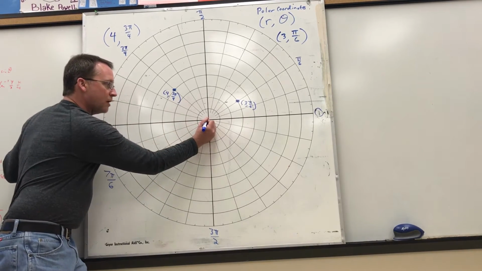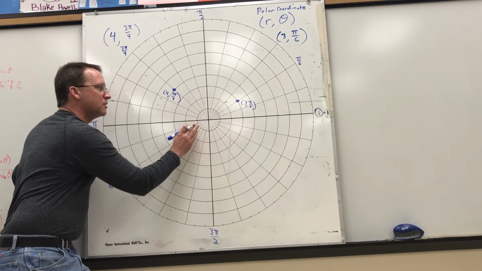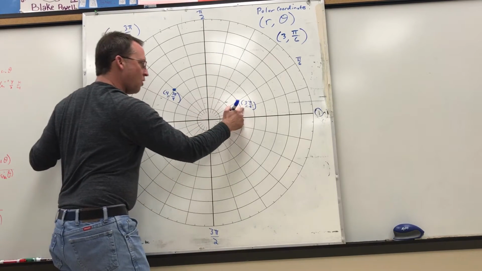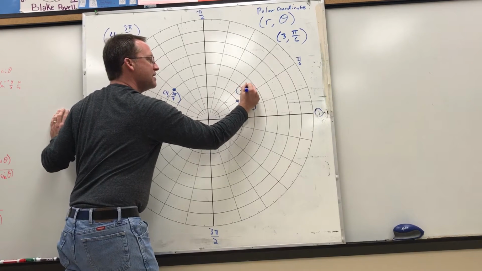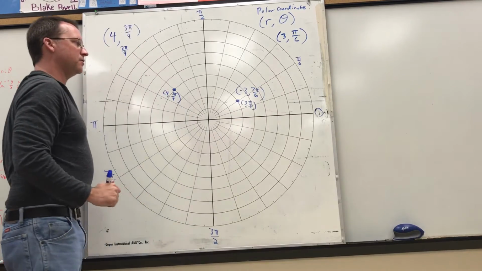And instead of going 3 units towards 7 pi over 6, I could go 3 units away from 7 pi over 6. And I could make this r a negative 3. So another way to write this point would be negative 3, 7 pi over 6.